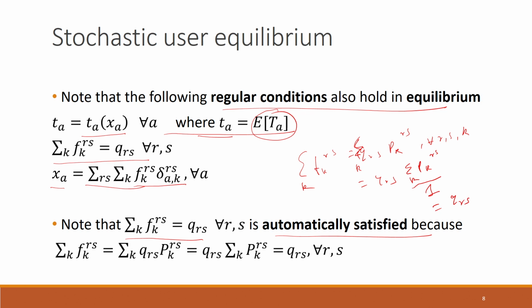That is coming from the standard definition of probability. If you have different choices and you have to select one of these choices, then the sum of the probabilities across all of these choices will be equal to 1. So that is how we get this relationship here.